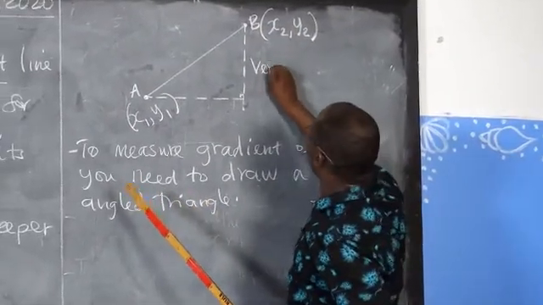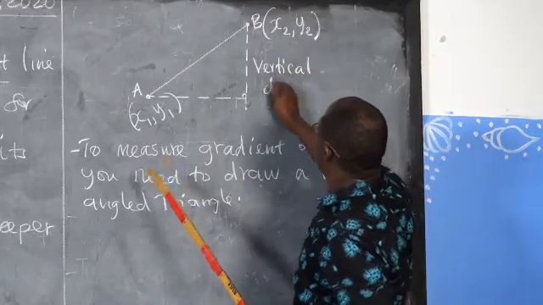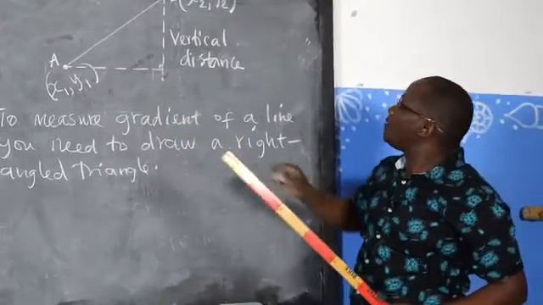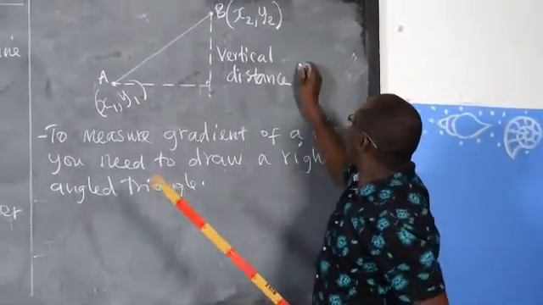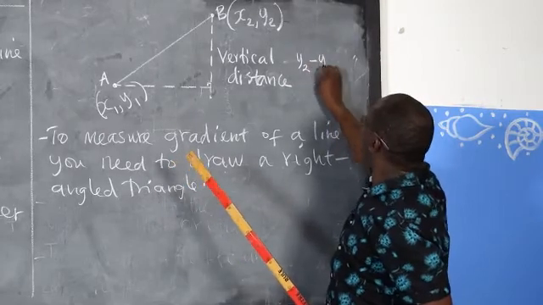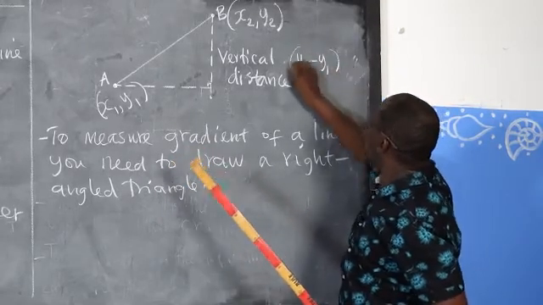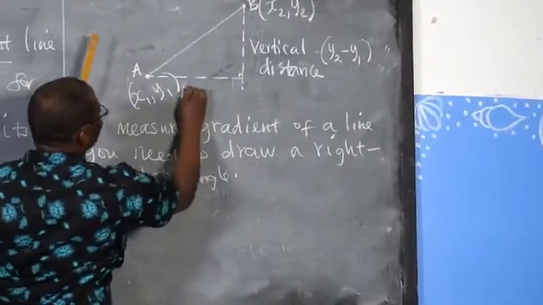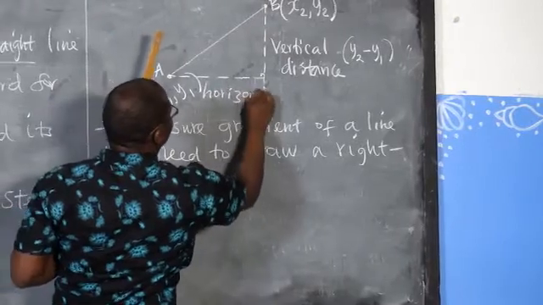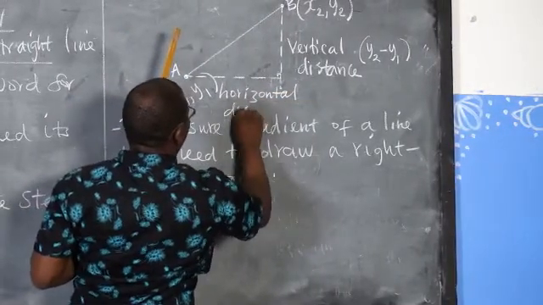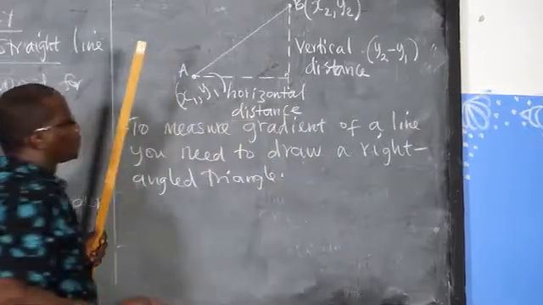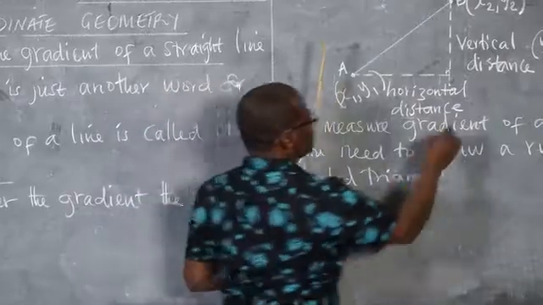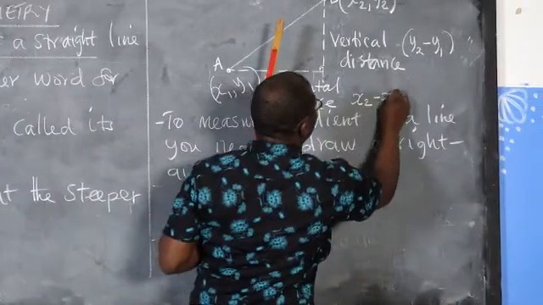We call this the vertical distance, given by the change in the y coordinates, that is y2 minus y1. Then we have this, we call this horizontal distance, given by the change in the x coordinates, that is x2 minus x1.